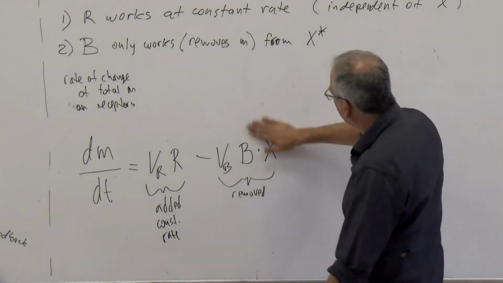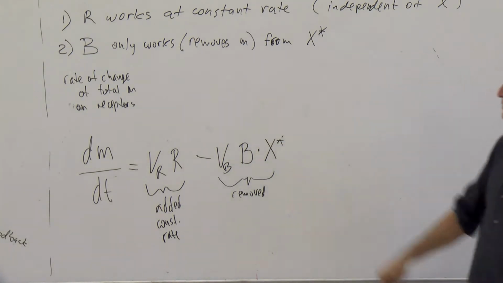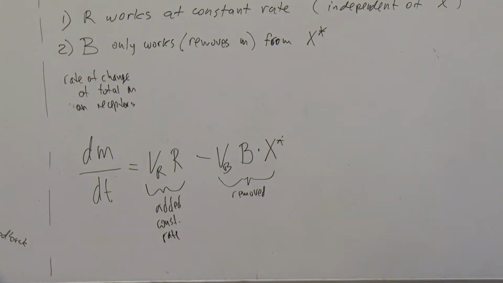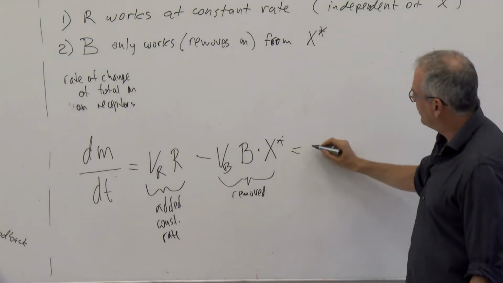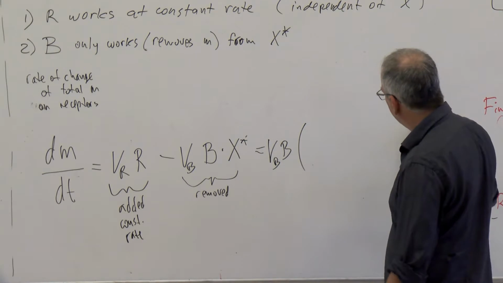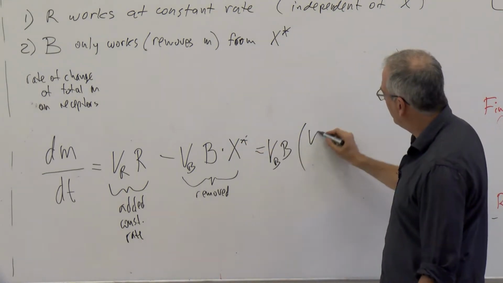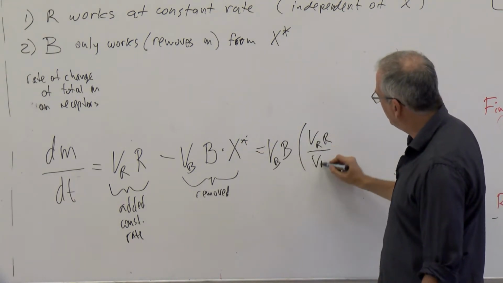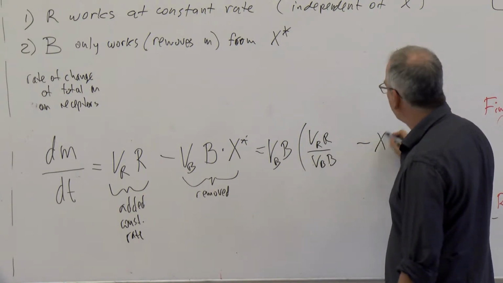Anyway, what am I getting at and why am I teaching you this? Because this equation, I'm going to rewrite it here. I'm going to take VB B out of the parentheses, and then what I get is VB B times (VR R divided by VB B minus X star).